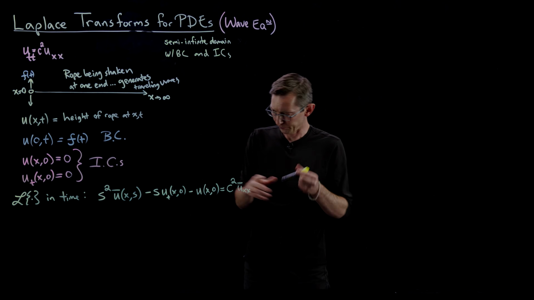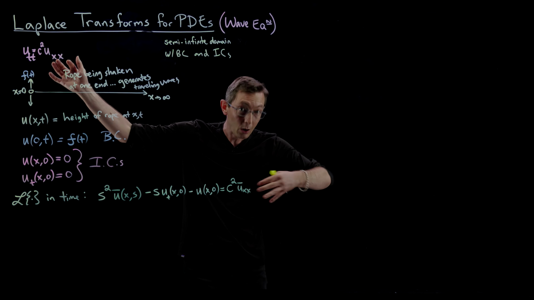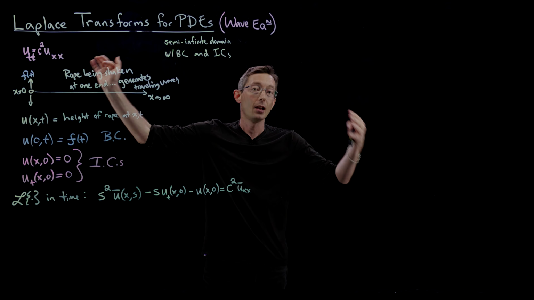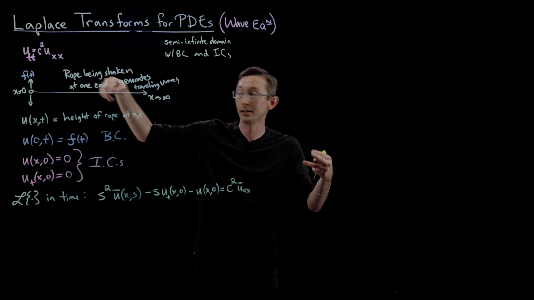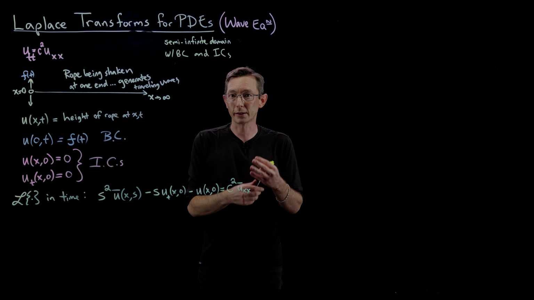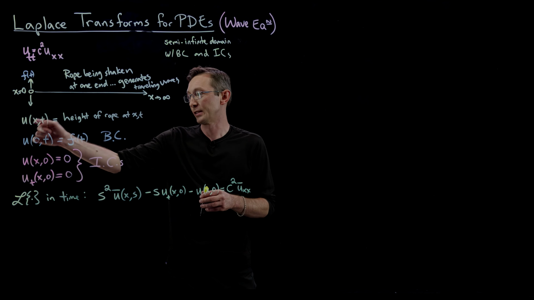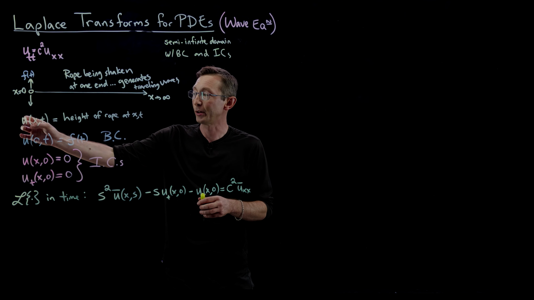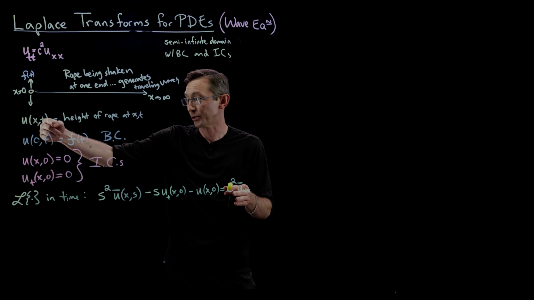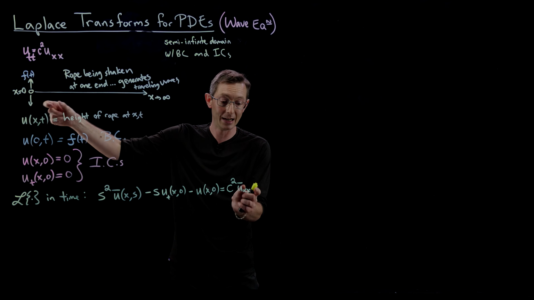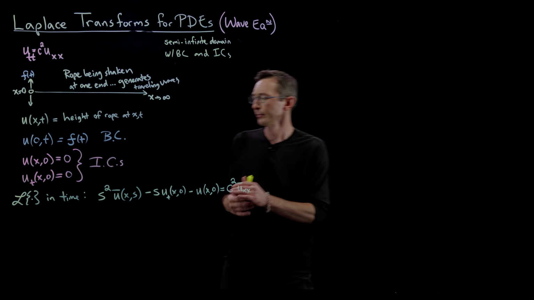And remember, if I Laplace transform uxx with respect to time, that's the same as taking the second partial derivative of u bar, my Laplace of u with respect to time. You should just work that out on a little napkin or piece of paper. It's really simple. If you have a function of space and time, I can Laplace transform it in time and then take two partial derivatives, or I can take two partial derivatives in x and then Laplace transform in time, and they're equal to each other. So this is just u bar sub xx.